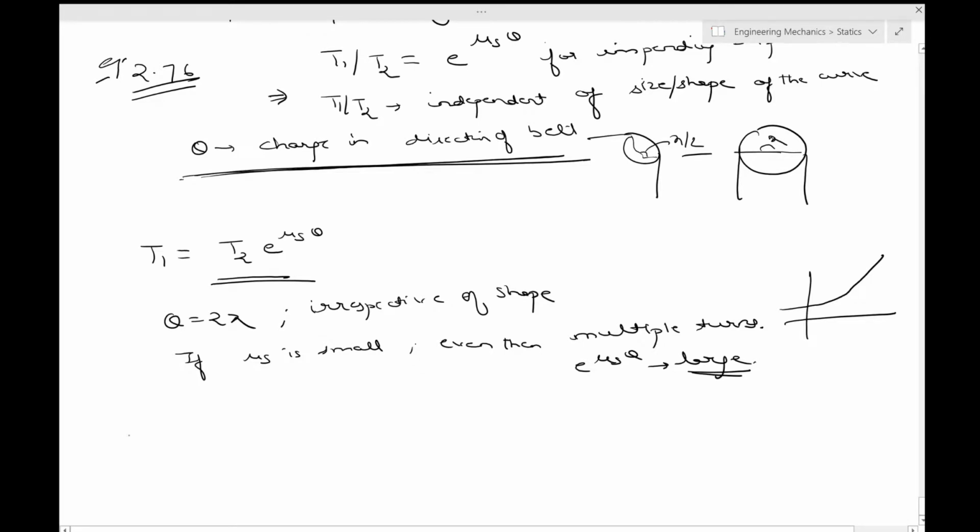Okay, so let's take up an example of this. If you have, say, mu s is equal to 0.25 and there are 4 turns. In this case, T2 by T1 is equal to e to the power of mu s into 8 pi, that is, 0.25 into 4 into 2 pi, and this value is what, 0.0019.